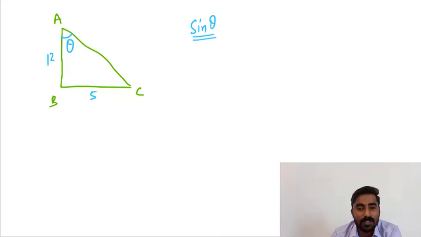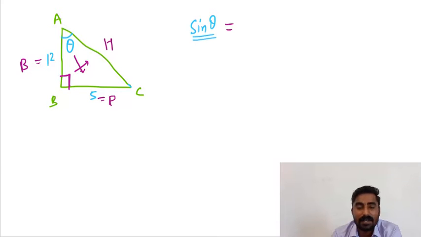So what is sin theta? First you have to notice which side is the perpendicular and which side is the base. As we discussed earlier, the side opposite theta is always the perpendicular, the side that contains 90 degrees and theta is always called the base, and the side opposite the 90 degrees is called the hypotenuse.